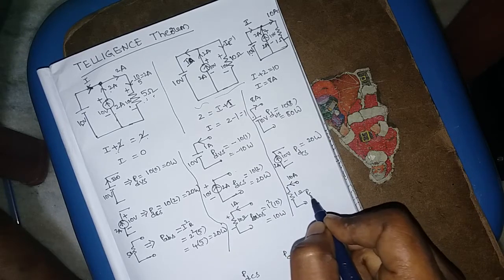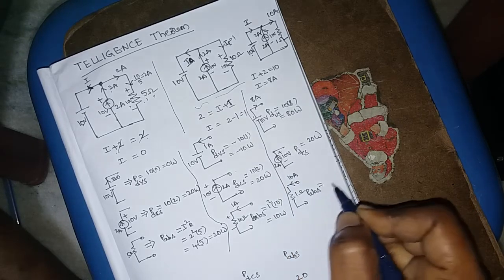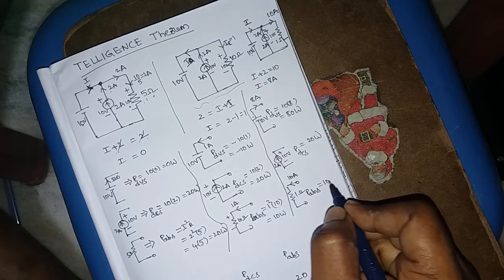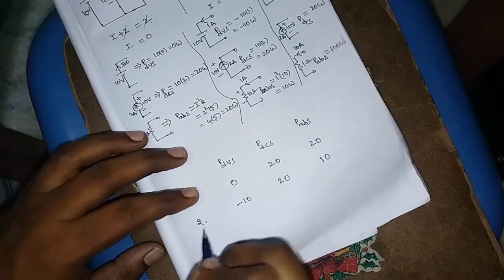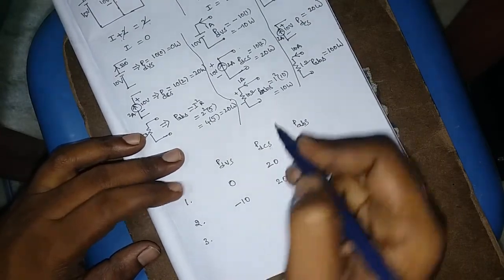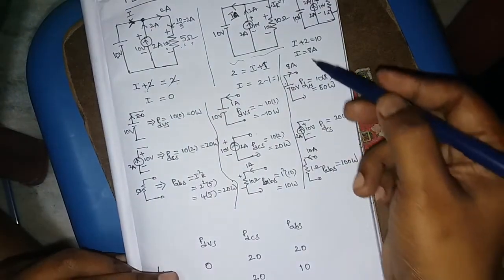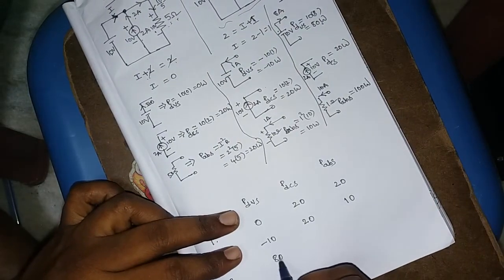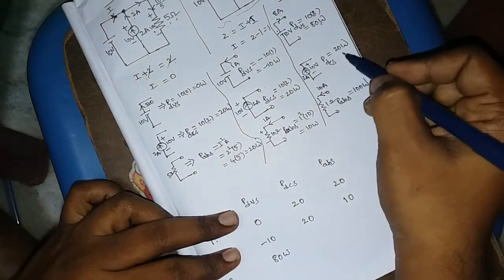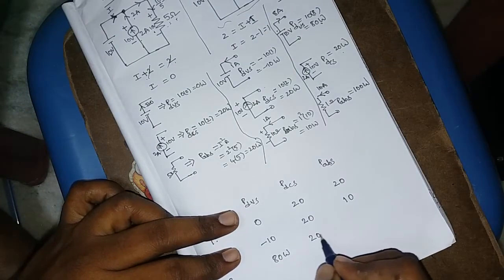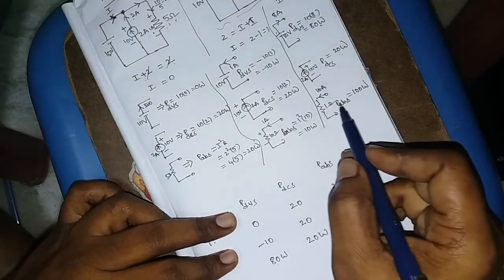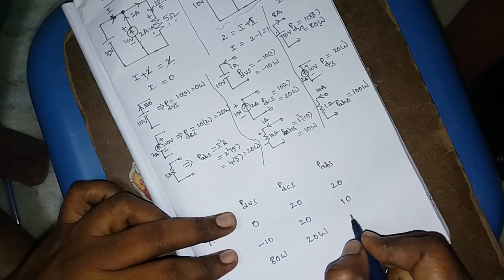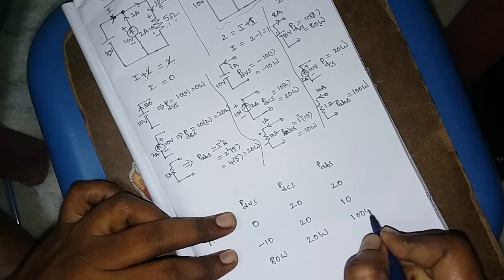The power absorbed is equal to I square R, 100 watts. Okay, now let me substitute here. Power delivered by the voltage source here is 80 watts. Power delivered by the current source is 20 watts. Power absorbed by the resistor is 100 watts.